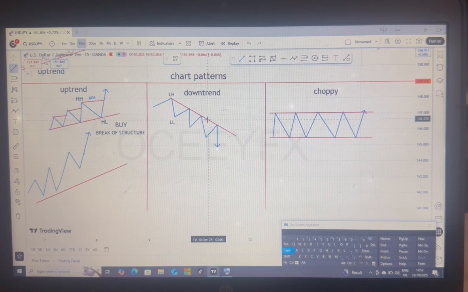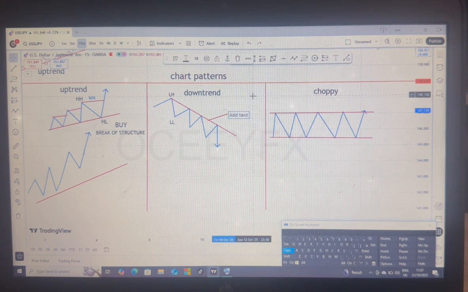Let me put an arrow here so you know this is a trend line, so it doesn't get confusing. Okay, so this is a trend line here.